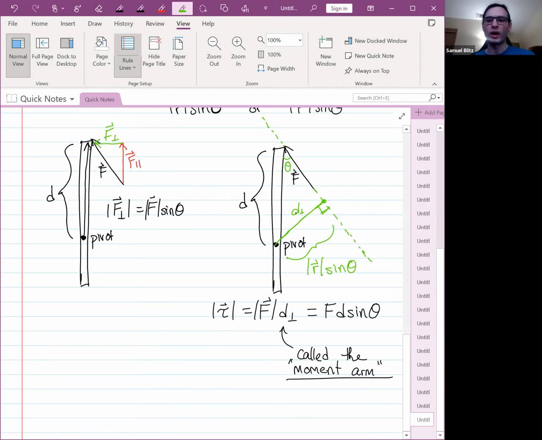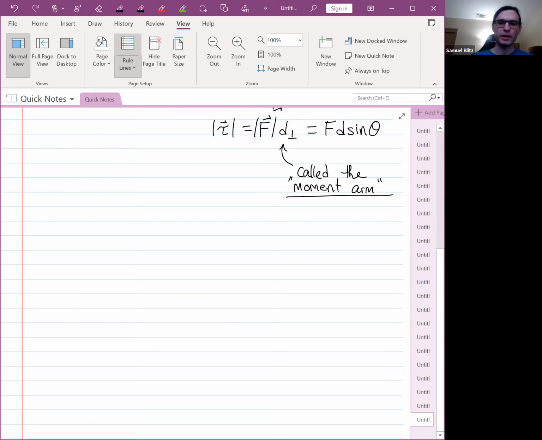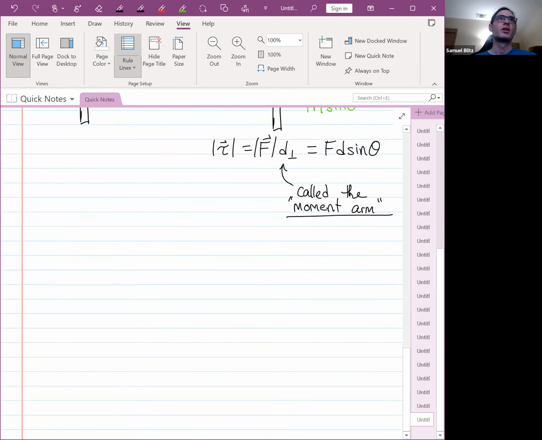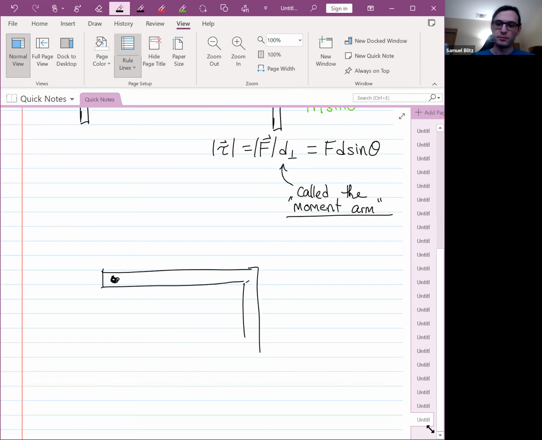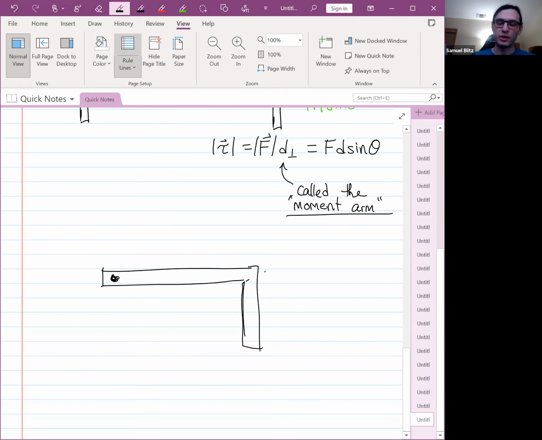So this is a relatively useful way of finding the torque, because often you'll have some complicated scenario where, what would be a good example? Let's say you have a pivot point here, and a force is applied, and let's say you know the dimensions here and the dimension here, and you apply a force, I don't know, this way.